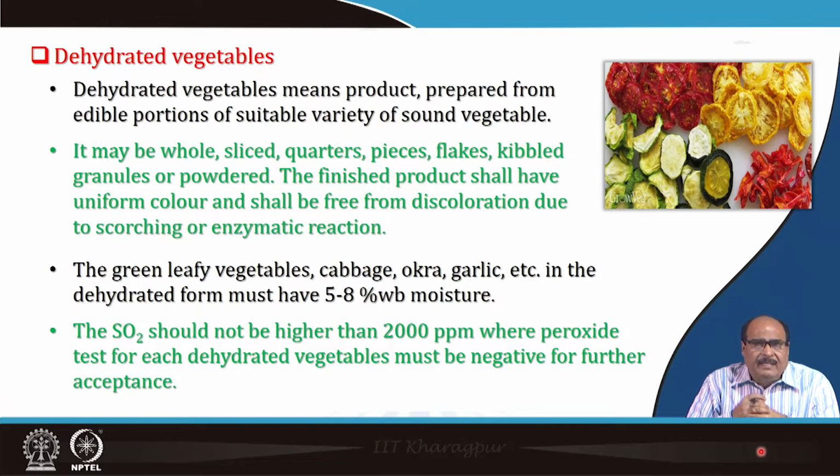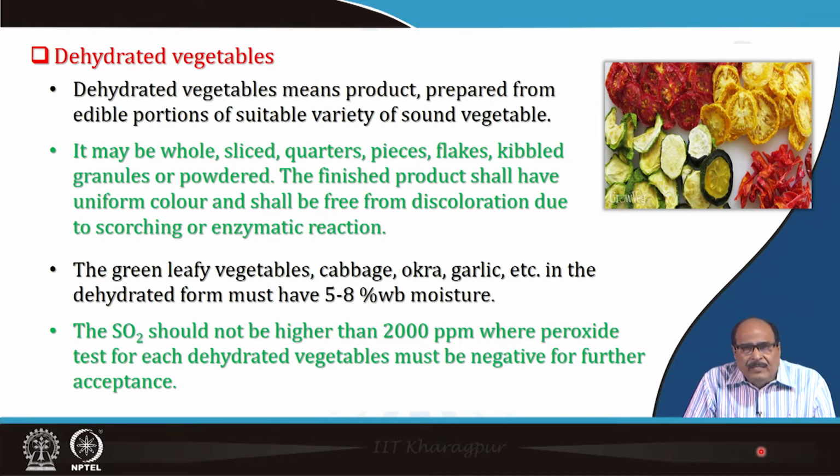For dehydrated vegetables, dehydrated vegetable means the product prepared from the edible portion of suitable variety of sound vegetables. It may be whole, sliced, quarters or flaked, kibbled, ground or powdered. The finished product shall have uniform color and shall be free from discoloration due to scorching or enzymatic reactions.